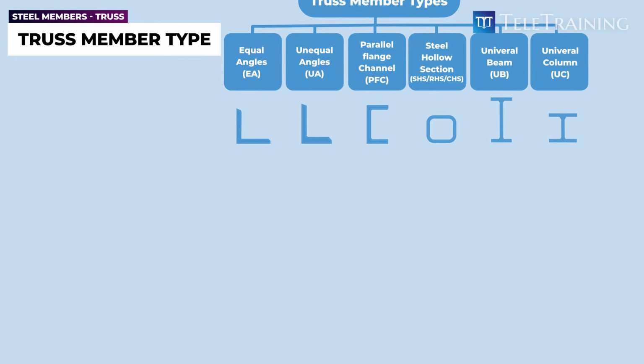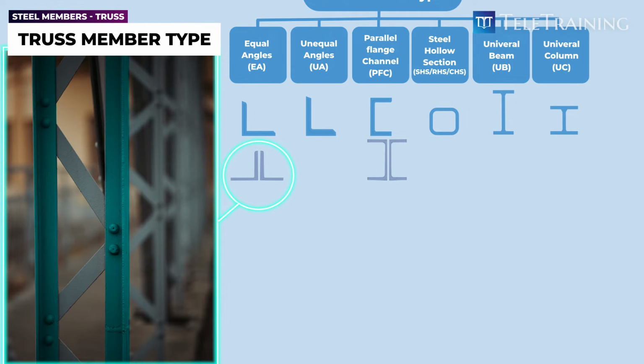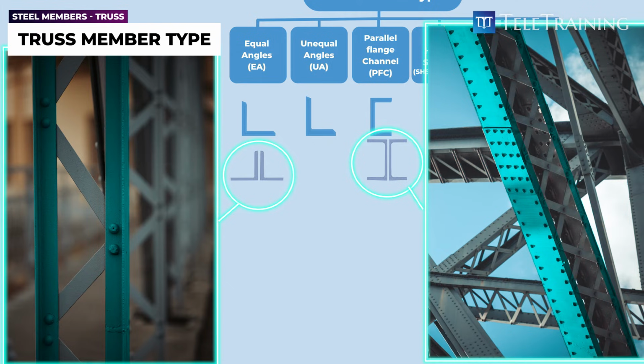It's worth mentioning that a combination of steel sections can be used to design a truss member. This can range from a simple double equal angle or double PFC to more complex designs. In these cases, the connections along the member's length are critical to ensure they work together and transfer the loads effectively.